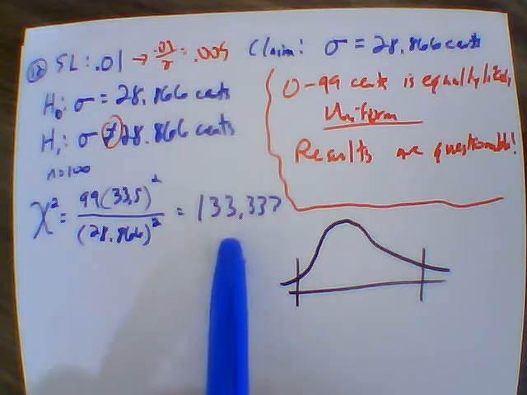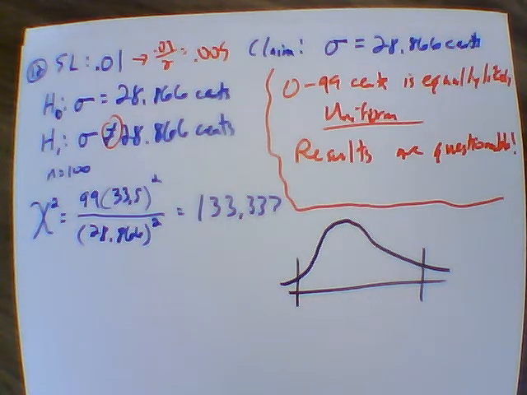Once again, we had 133.337, and we're looking at critical values with degrees of freedom of 99. Noticing the top of the table, we're going to use the 0.995 because that tells us 0.005 to the left of this, and then the 0.005 because that's going to be to the right of this.